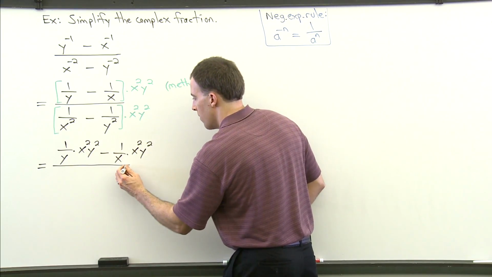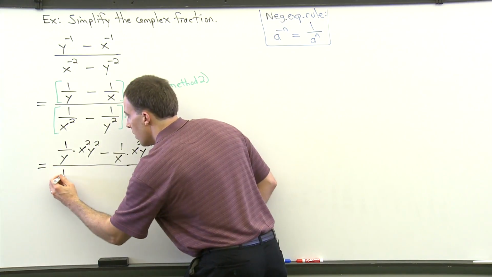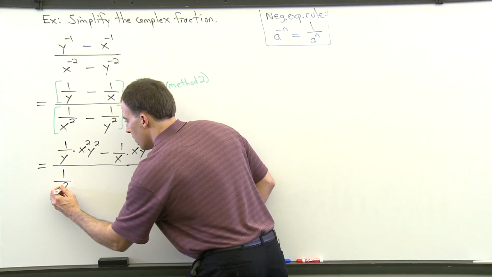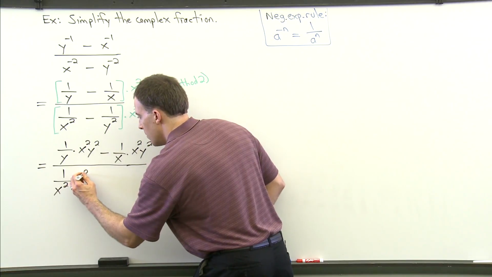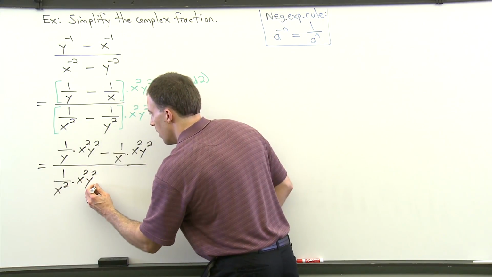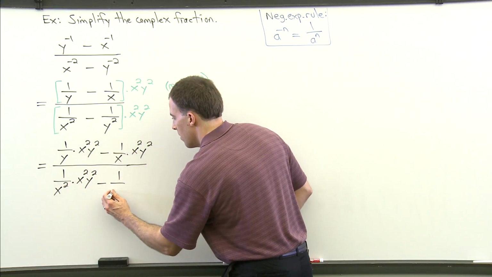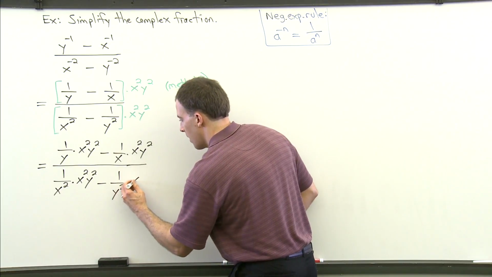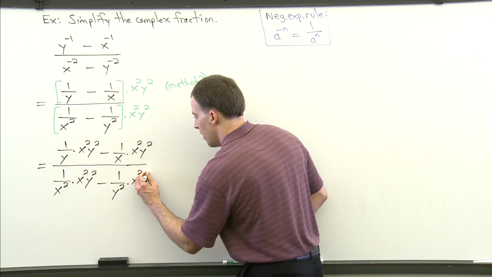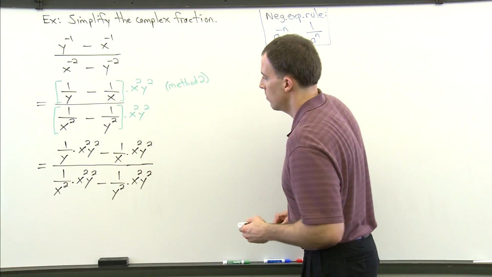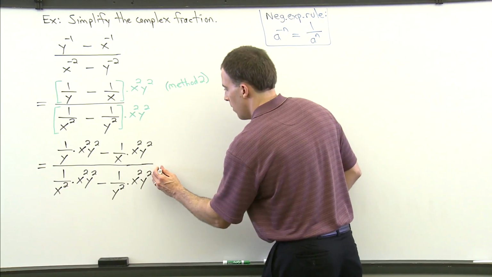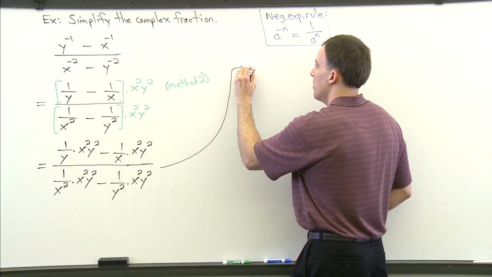Every term in the complex fraction gets multiplied by x squared, y squared. And in the denominator, we've got 1 over x squared times x squared, y squared. And then minus 1 over y squared times x squared, y squared. Okay, so from there, I'm going to go up here to continue.